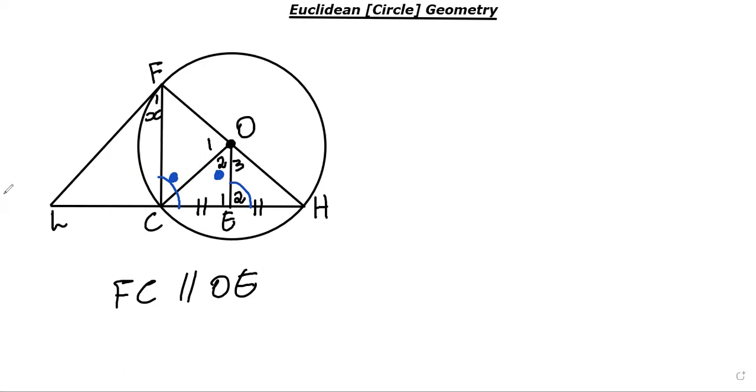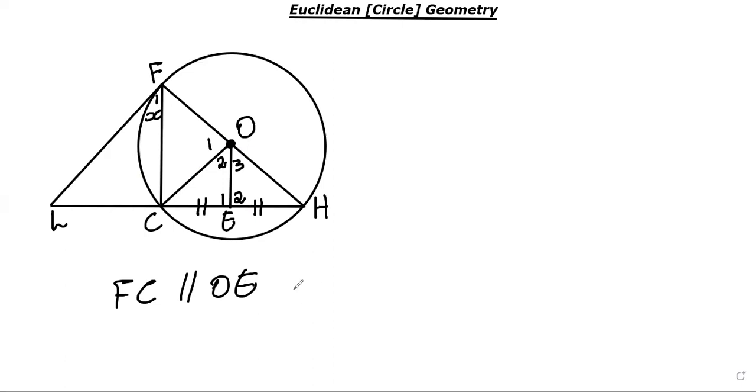Or if we can show that taking this angle and adding it to this angle, we get 180 degrees. So the easiest we can do is to show that corresponding and co-interior angles are equal. That's the easiest we can do in this case.